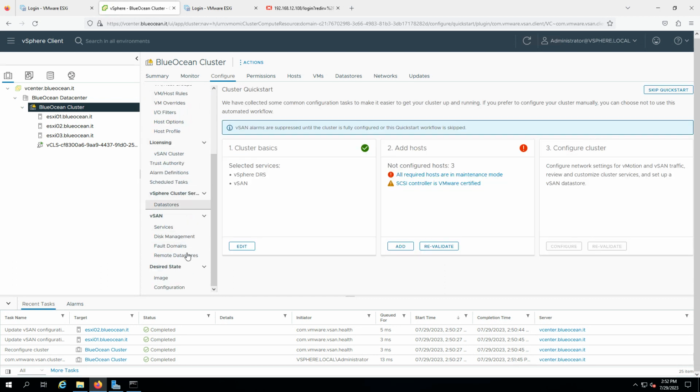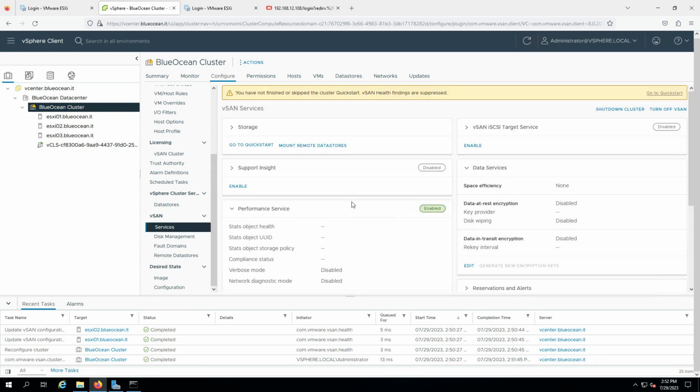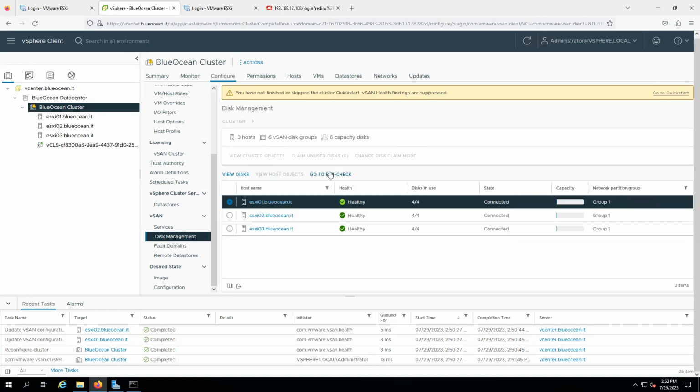Now, if I go to my vSAN disk management, I can see all the disks. For example, I have 4 disks being used on each server for vSAN. Let me minimize this.